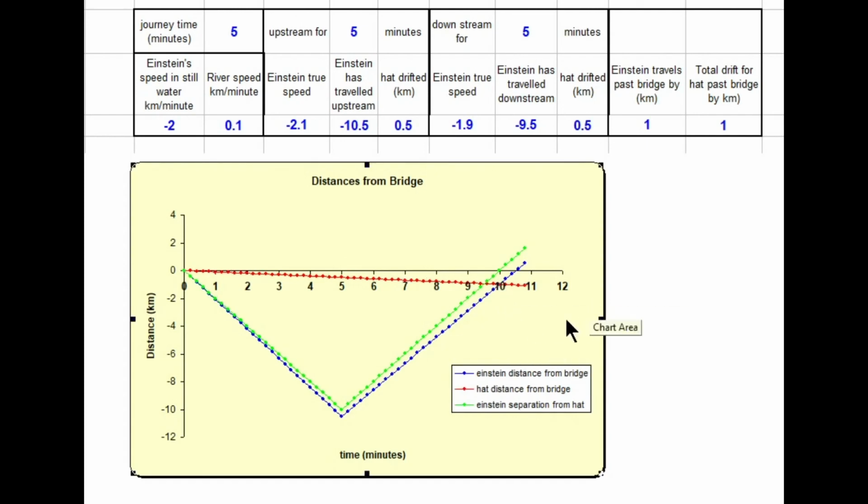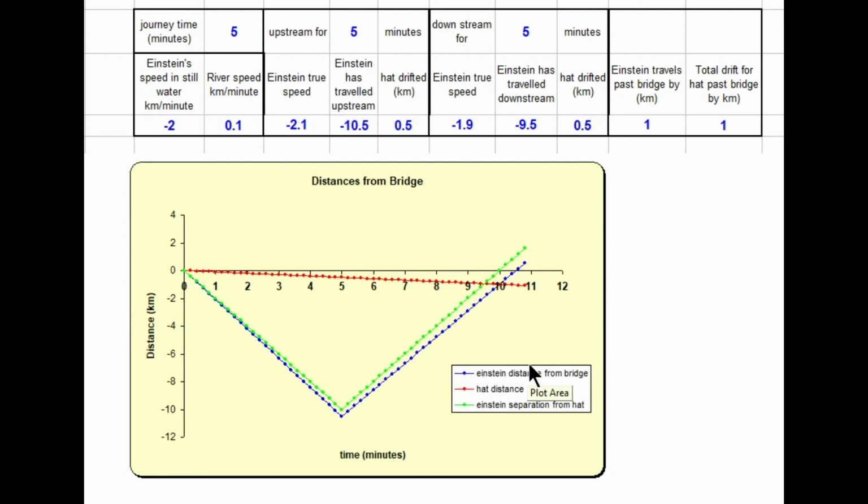The only thing that is going to change the 10 minutes is if we change the time of the upstream exercise or the speed here. So it's quite fun that Einstein invented the theory of relativity, and we've now got quite a good example of relativity because we have to look at his speed.